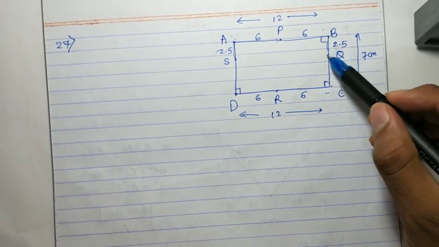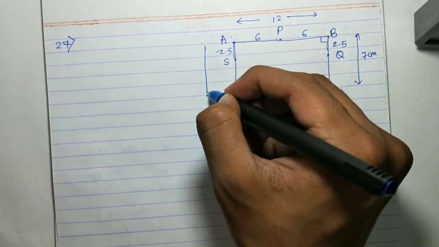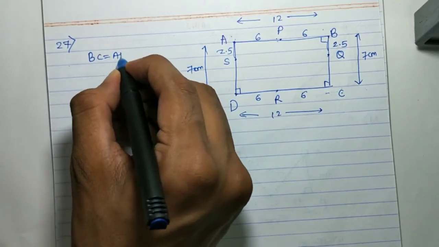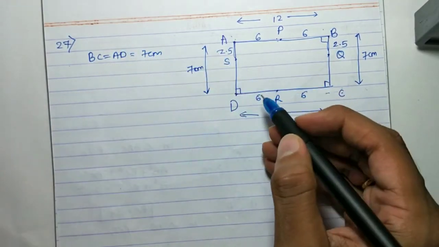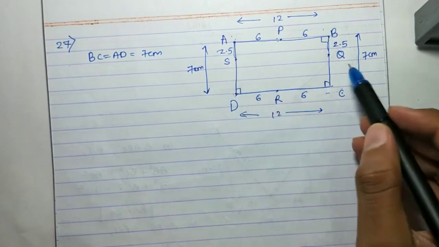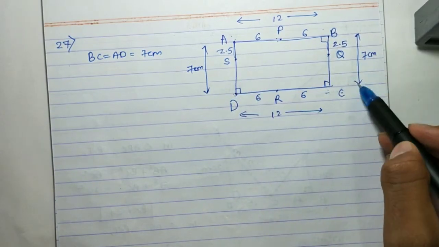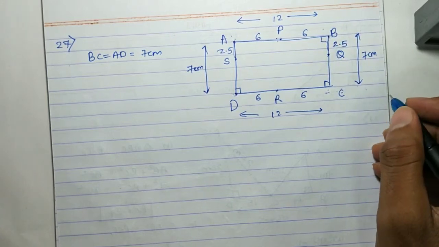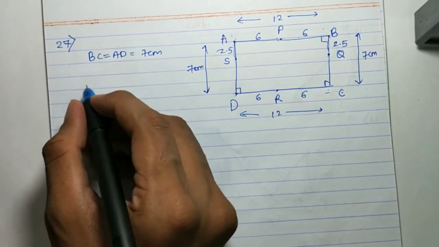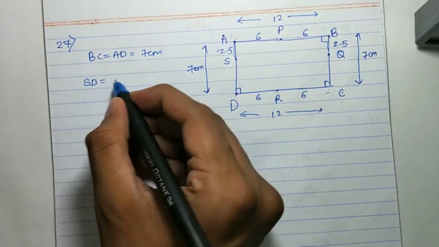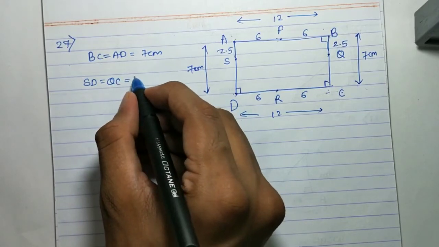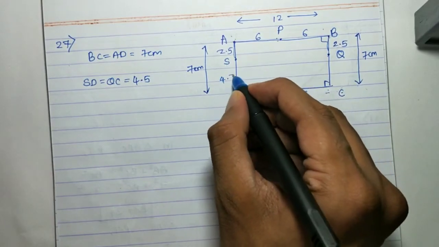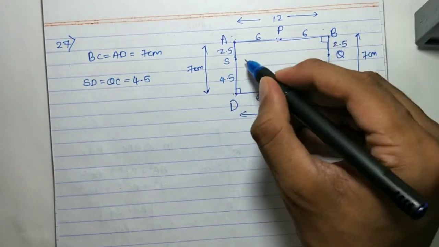Okay, if BC is 7 centimeters, then AD will also be 7 centimeters. Okay, then these smaller sides SD and QC, 7 minus 2.5 will give me 4.5. Okay, so these small sides SD and QC are 4.5. So this is 4.5 and this is also 4.5. Let's join this.